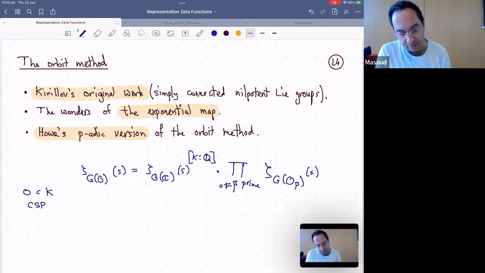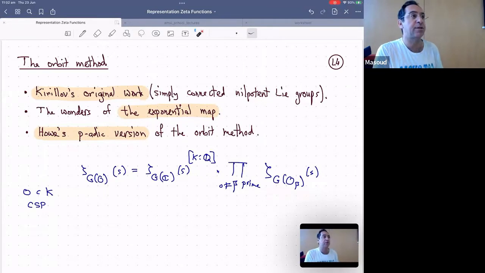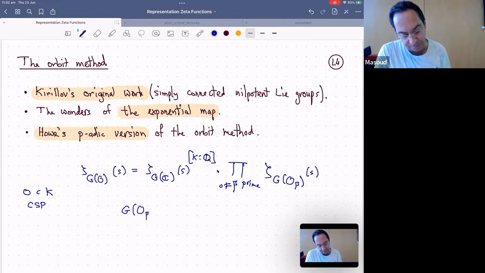And as we said, the interesting or the difficult representations are those that are coming from these groups, and all of them are p-adic analytic. So they sit inside some GL_d(Z_p).